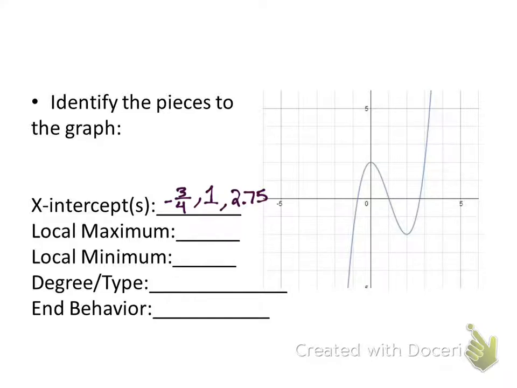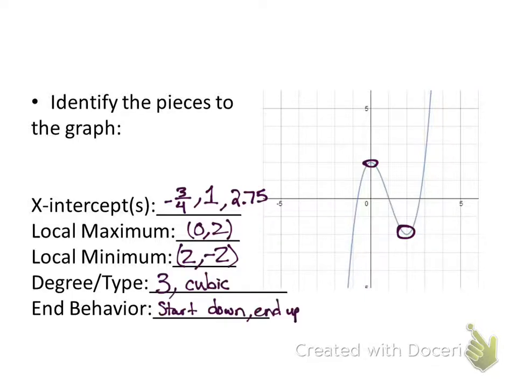Local max is looking more clear. 0, 2. Local min may be a little bit more clear. 2, negative 2. And to figure out the degree, now this one again is a 3, but they're not all going to be 3s. End behavior also won't always be starting down, end up. So like in the next example.